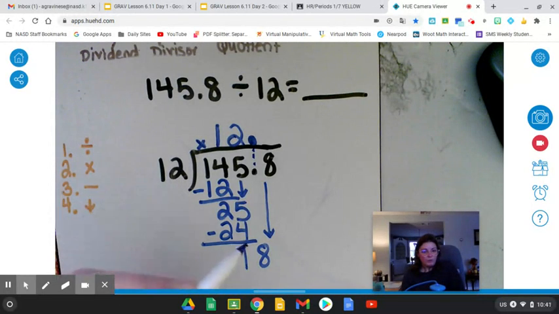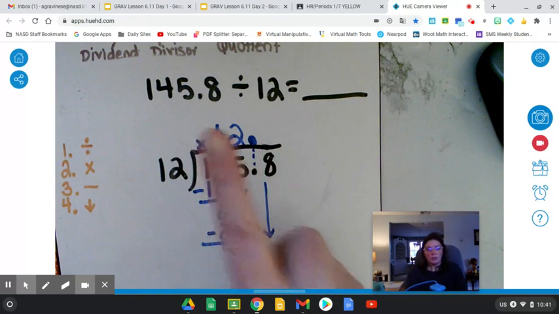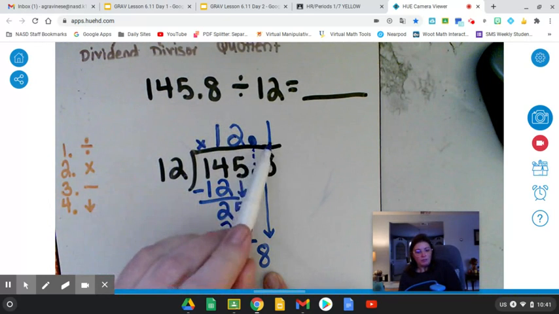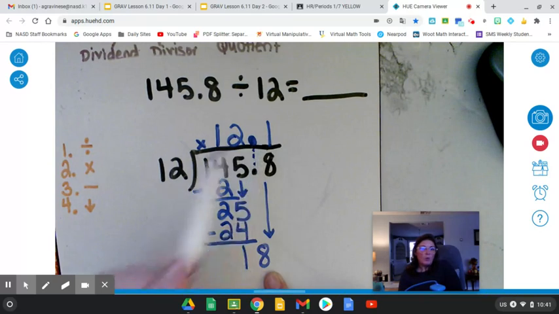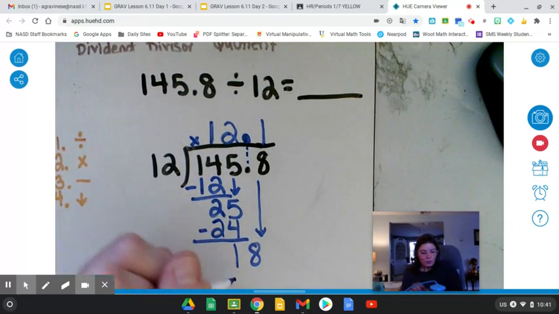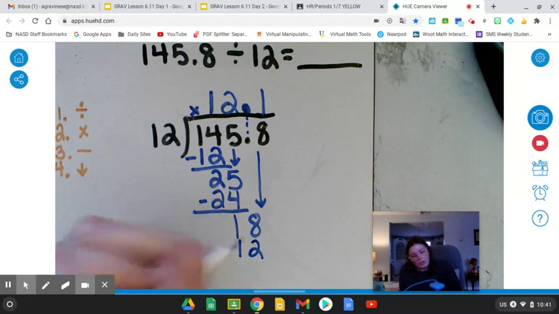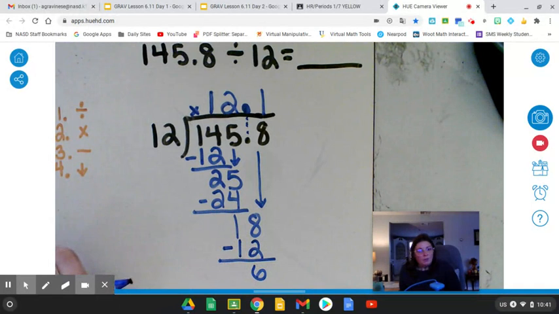How many 12s can I take out of 18? 12, 24, nope, 24 is too many. I can take one group out, and notice that the 1 is after my decimal point because I'm lining things up nicely. 1 times 12 is 12. When I subtract, 8 minus 2 gives me 6.